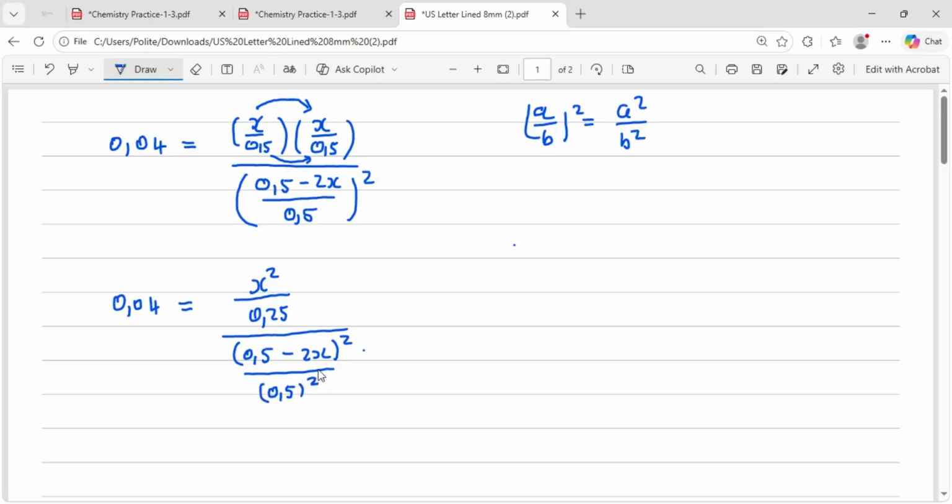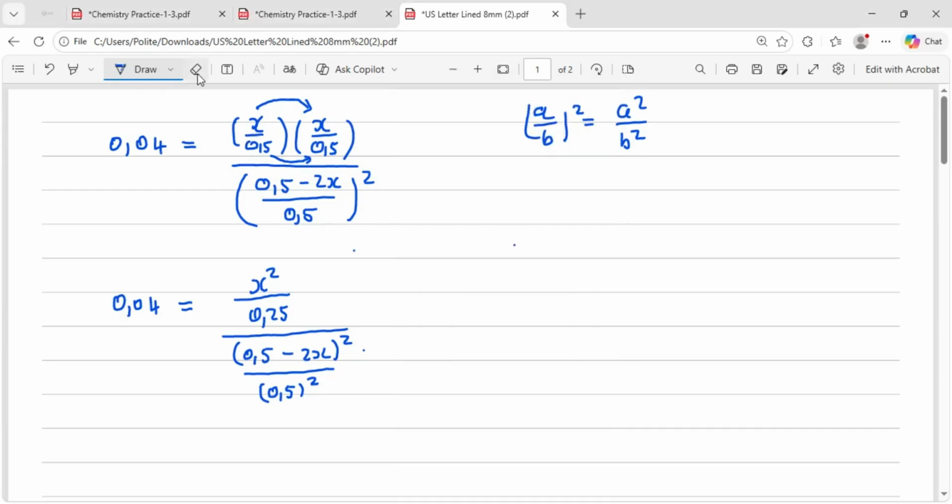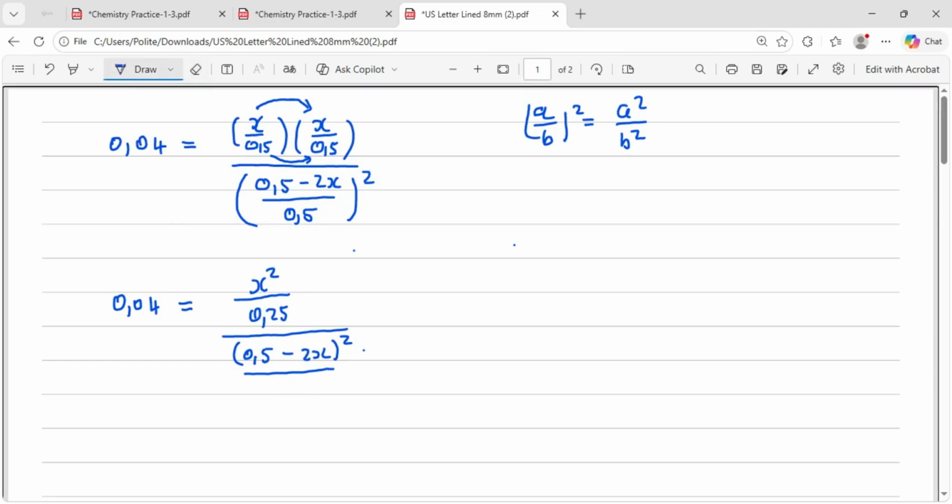I know that 0.5 times 0.5 is 0.25, so I'm not gonna waste any time. Instead of writing 0.5 squared, I'll write this as 0.25.